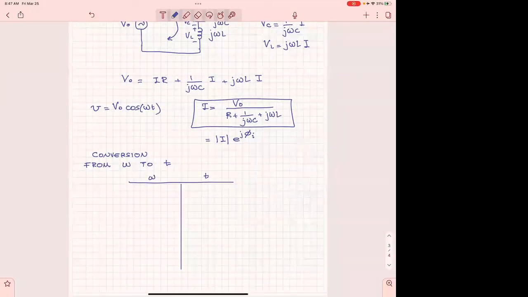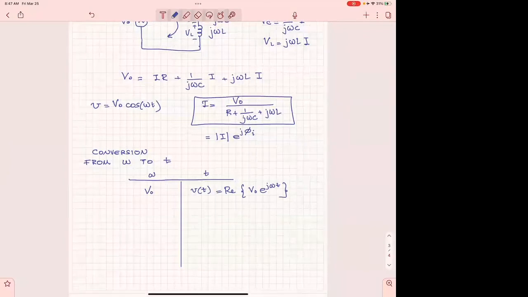In frequency, you have V naught. In time, V of t will be the real part of V naught e to the j omega t. That's the definition. In fact, we call this V naught the phasor. So V naught is called the phasor form for the voltage.